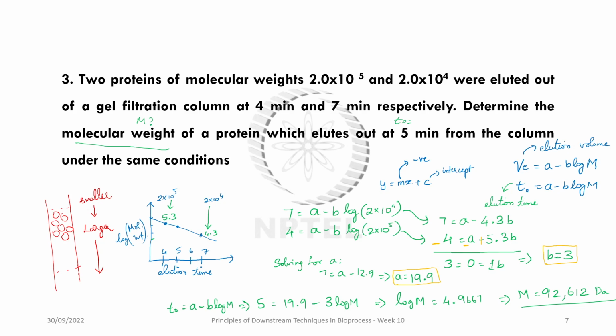14.9 divided by 3. Okay, I had a series of 666 in my calculator. It just did with the answer. So if I did with just 4.967, then I'm getting M is equal to 92,682.98.